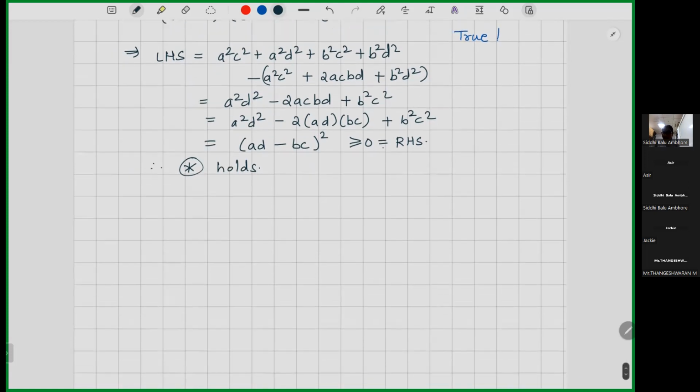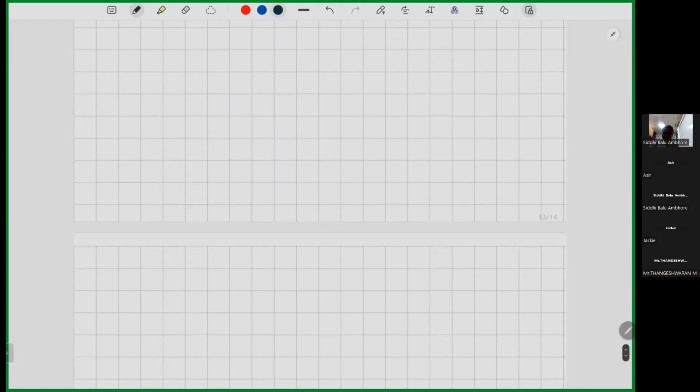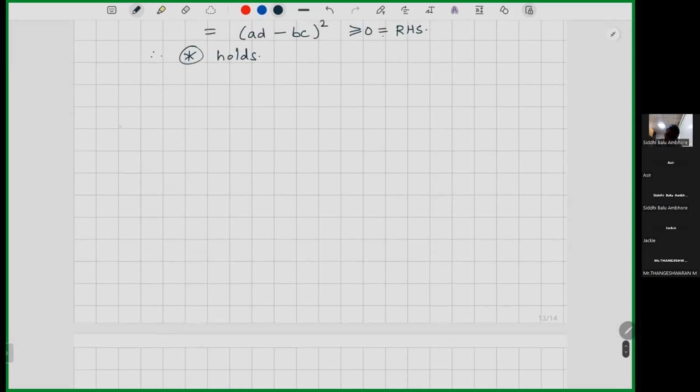The next two questions are interesting. So let us do this. If A plus B plus C plus D is equal to 1, then 4 times A square plus B square plus C square plus D square is less than or equal to 1.